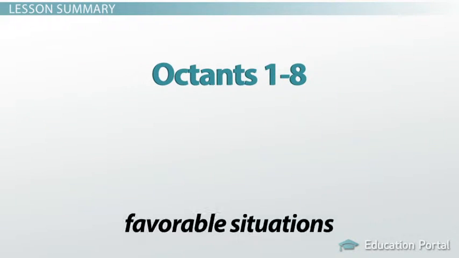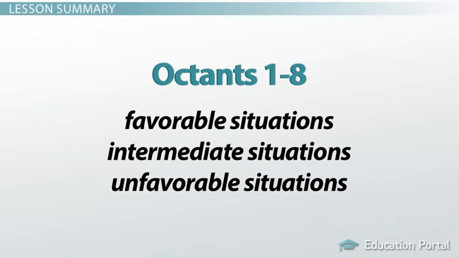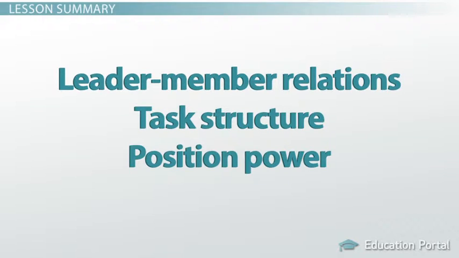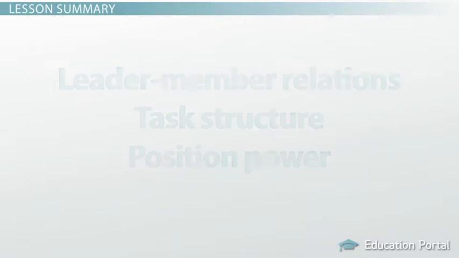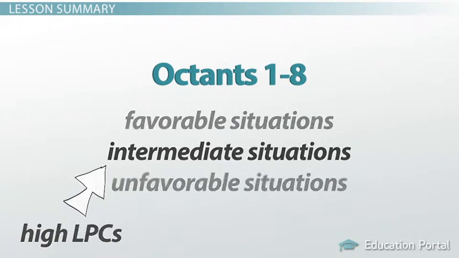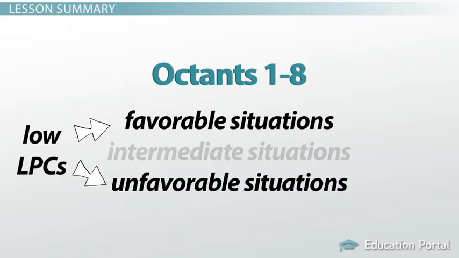You can determine whether a situation is favorable, intermediate, or unfavorable based upon the level and combination of leader-member relations, task structure, and position power. Managers with high LPC scores are best at managing employees in intermediate situations, while managers with low LPC scores are best at managing employees in favorable or unfavorable situations.